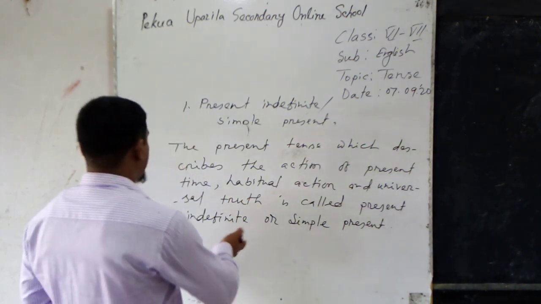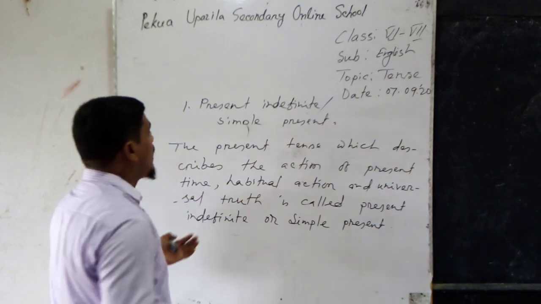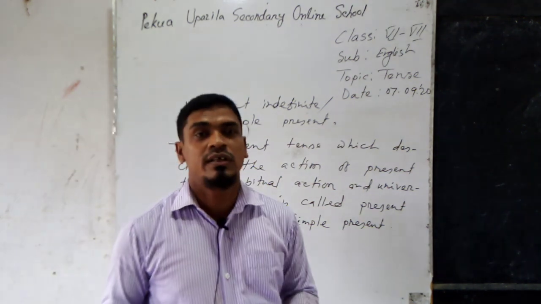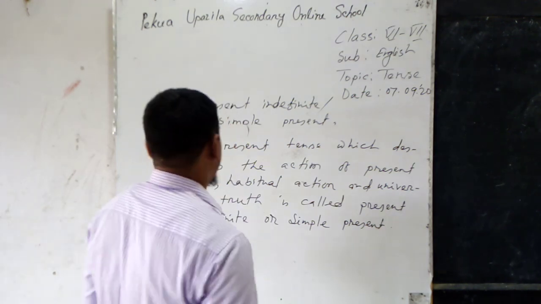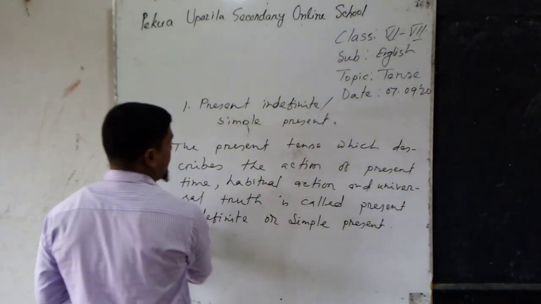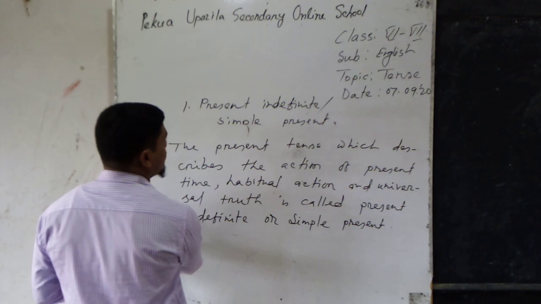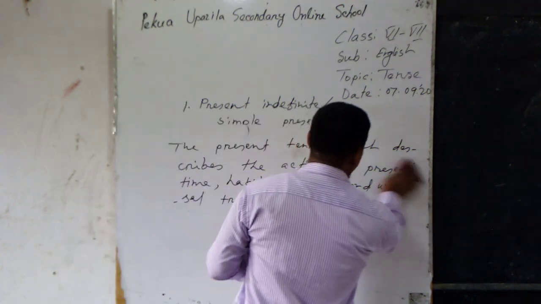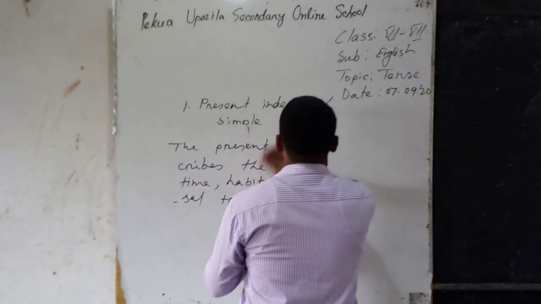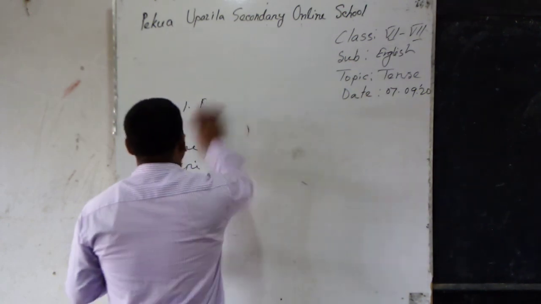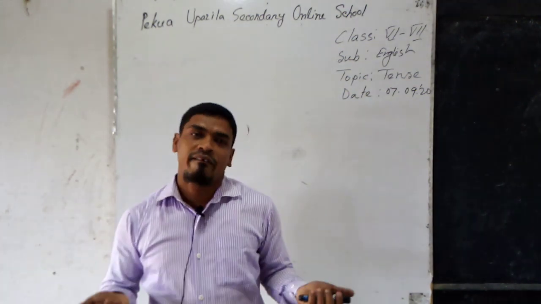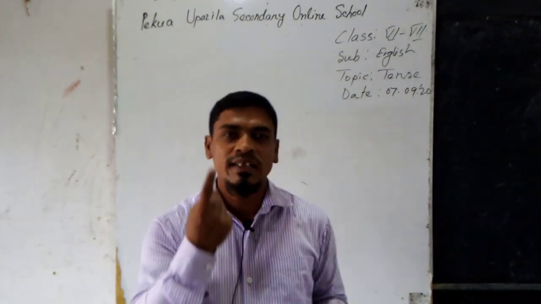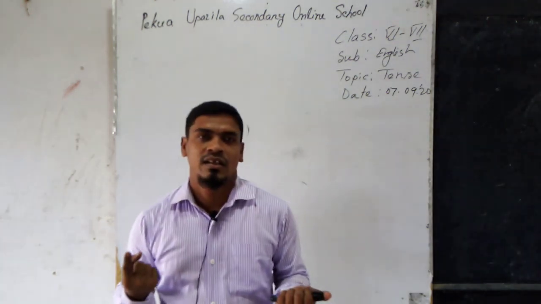So dear students, I try to give you all information about every tense. I need the book to give you structure. Before giving a structure, I try to clarify something. We generally know one tense, one structure.